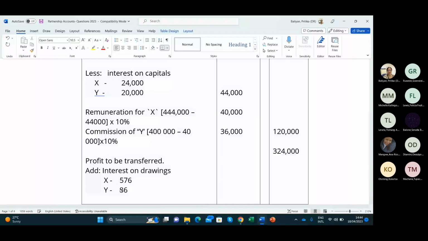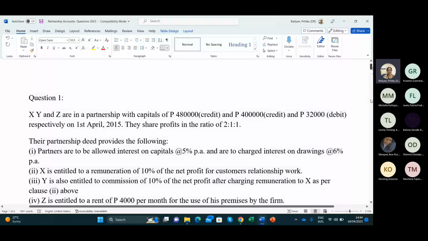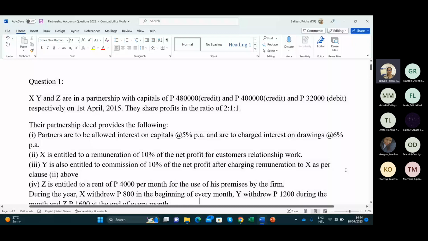Z withdrew at the end of the month. So when he is withdrawing at the end of the month, he need not pay the interest for March because he withdrew at the end of March.